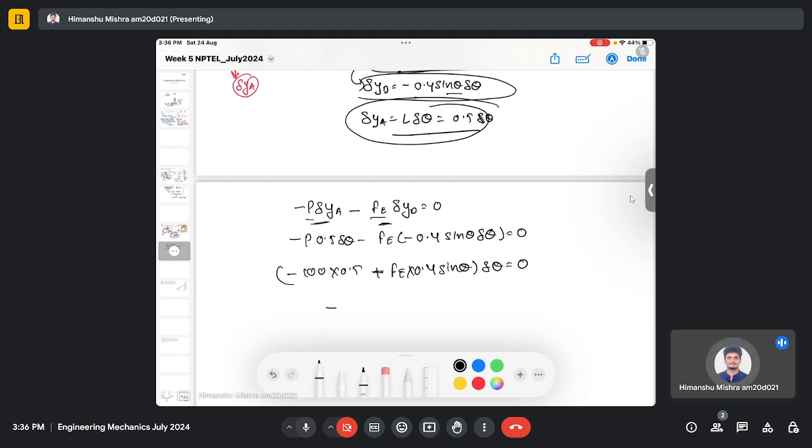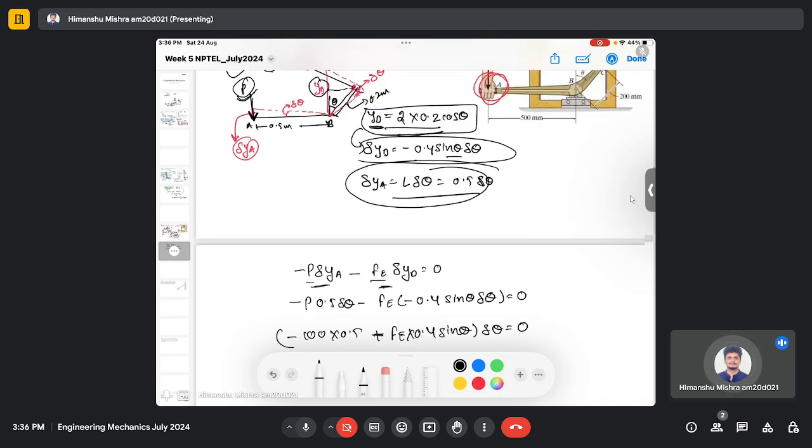So you will have here minus 50, sorry, plus 0.4 Fe sine theta equal to 0.